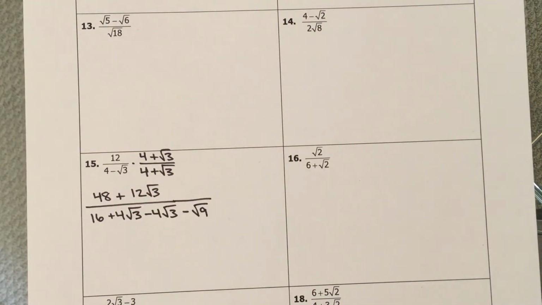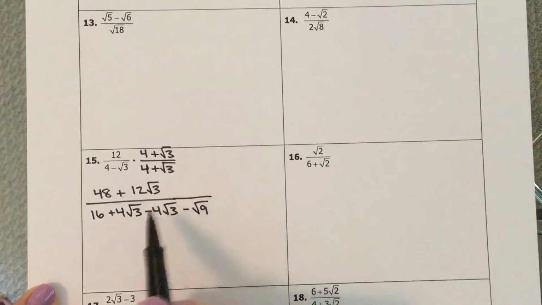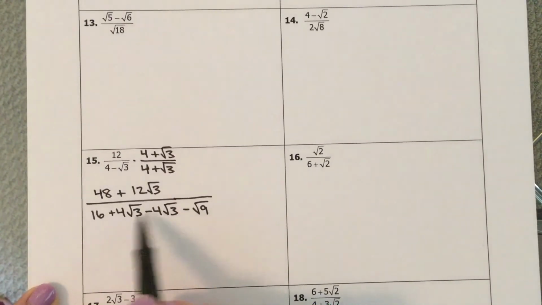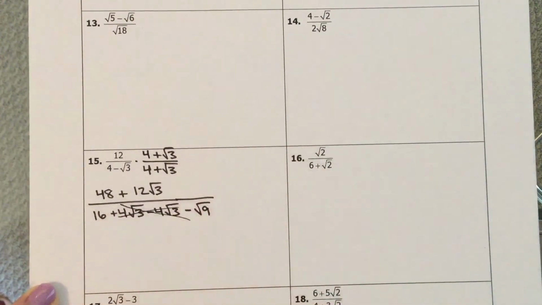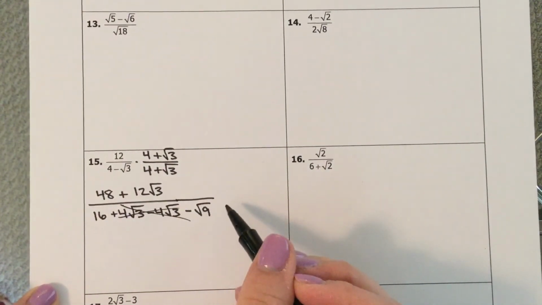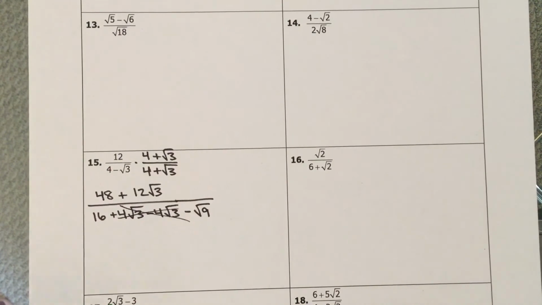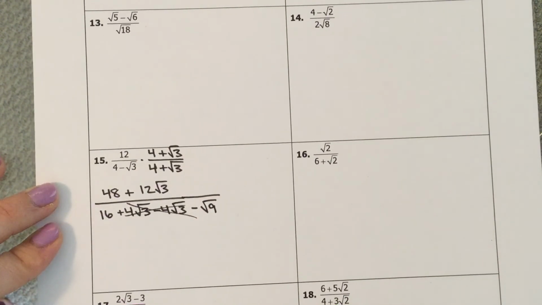Just like I mentioned with number 7, at first glance, it really does look like we made this more complicated than it was before. But if you start to look and we combine our like terms, these ones have like radical parts, so we can combine them. But the positive 4 and the negative 4 would just be 0, so these will cancel out. And then the square root of 9 is just a 3. So when we get a 3, it's a rational number, and we're going to be able to get a nice simple answer.